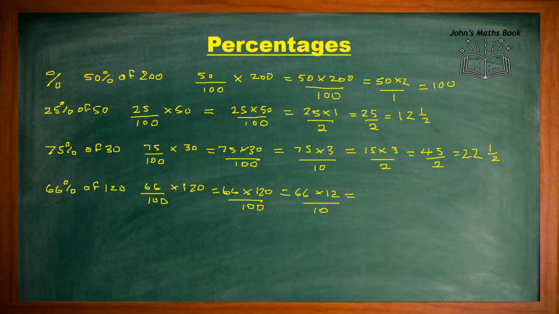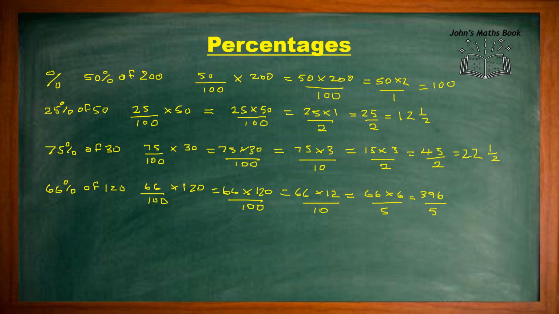So that becomes 66 times, if we divide 2 into 12, we get 6. If we divide 2 into 10, we get 5. So it becomes 66 times 6 over 5, which is equal to 66 times 6 is 396 divided by 5.